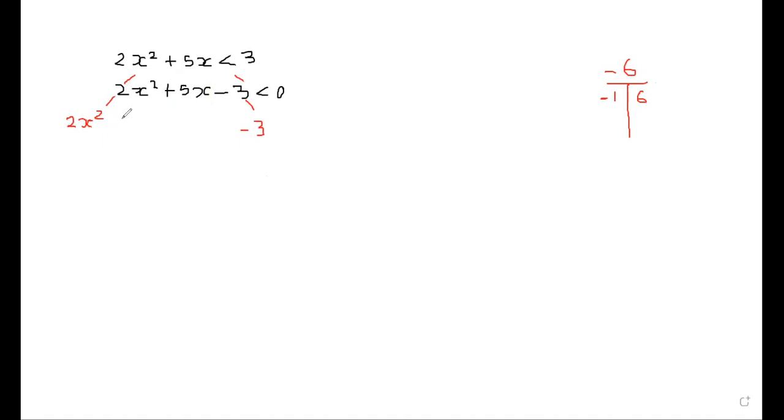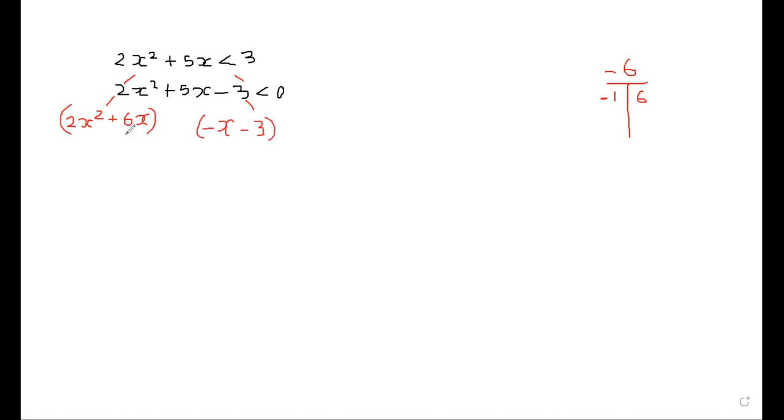So I would like to write the positive 6x here. Positive 6x here, okay? And the negative 1x here, so negative x. So if they don't work, you can always interchange them.